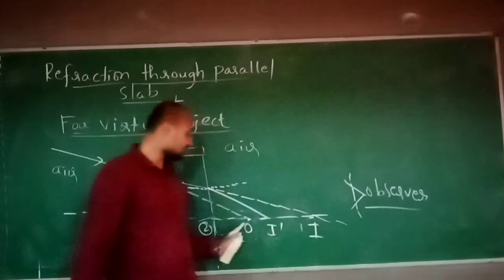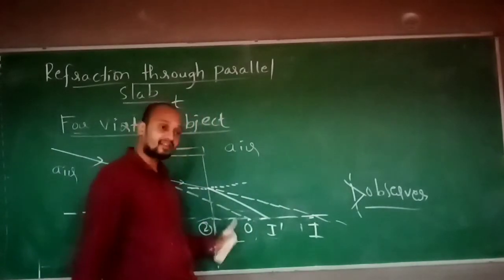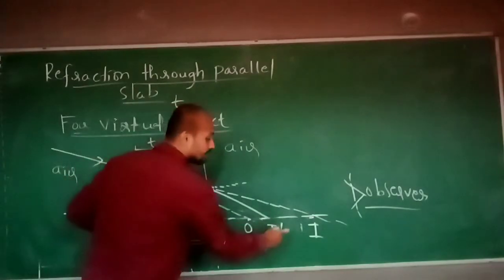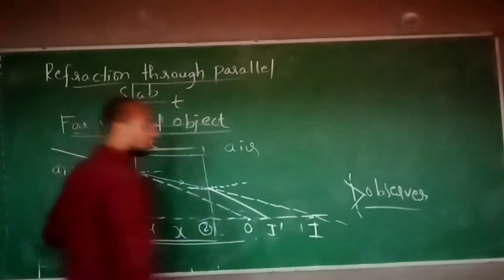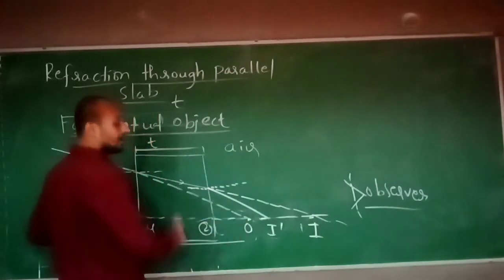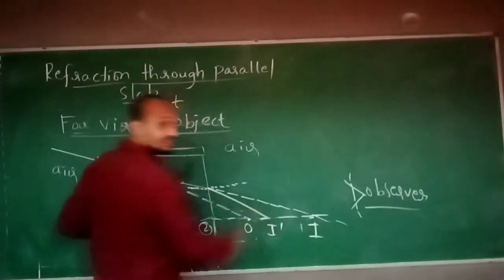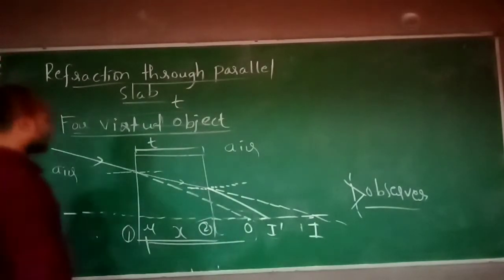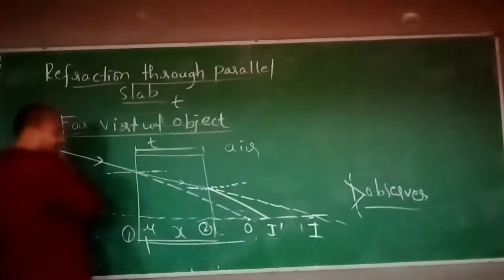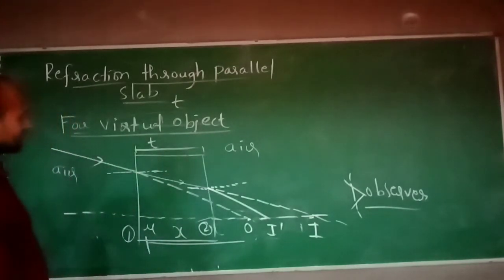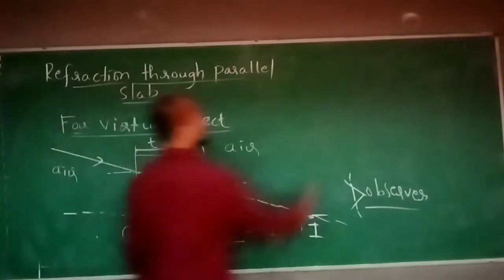He was supposed to see this virtual object at this position, but due to the slab, he is seeing it here, at point I dash. This is an object ray, virtual object. Now see here, one thing, if I talk about refraction through surface 1.